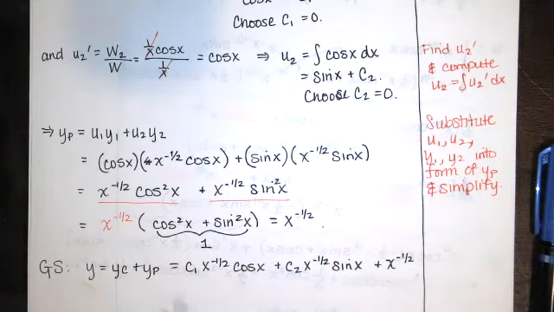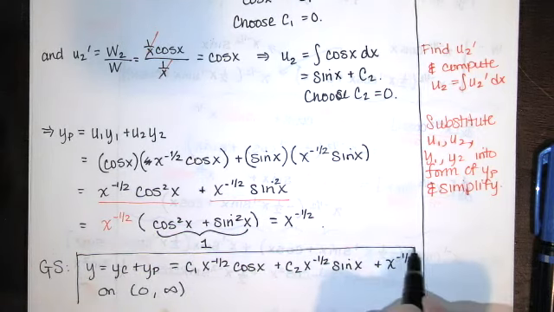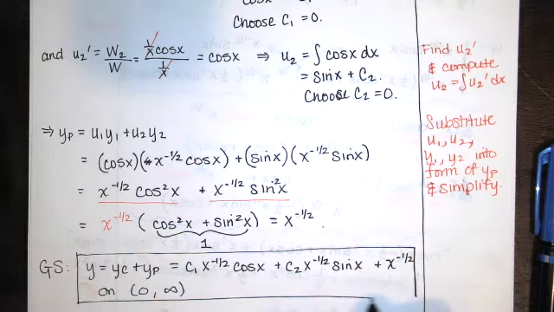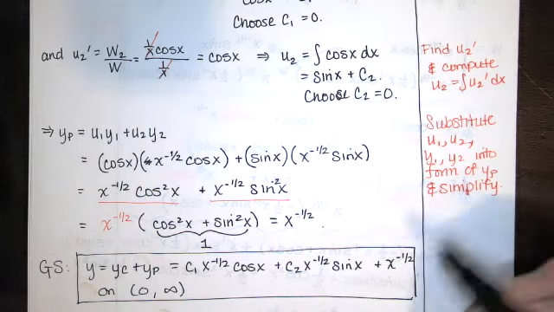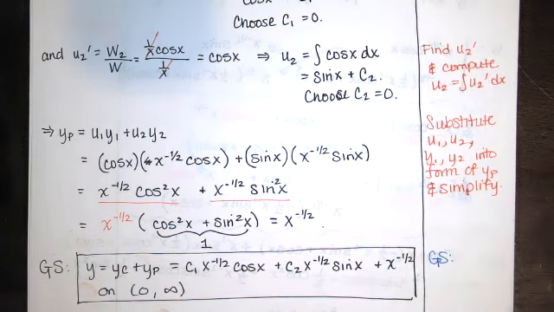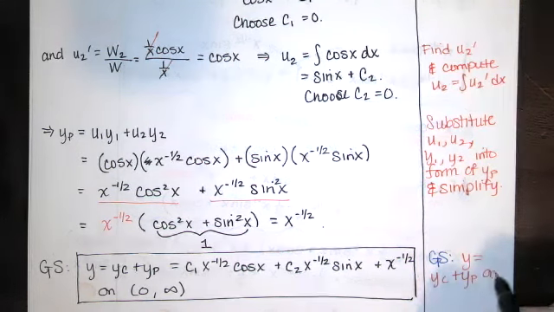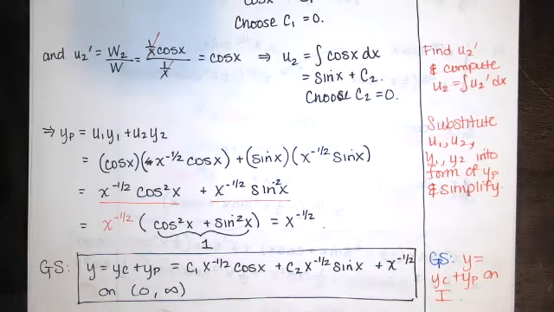And these are all well defined as long as x is positive but not 0. So once you find your y sub p, your general solution is y equals y sub c plus y sub p. And we always like to state our interval of existence.